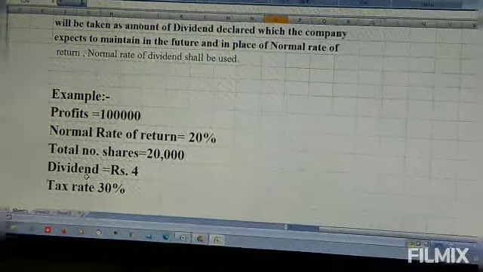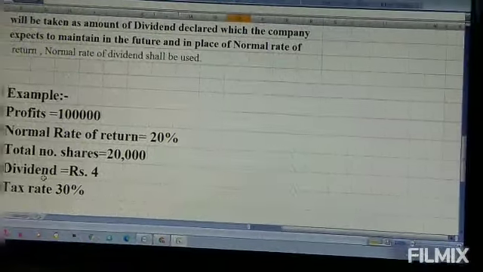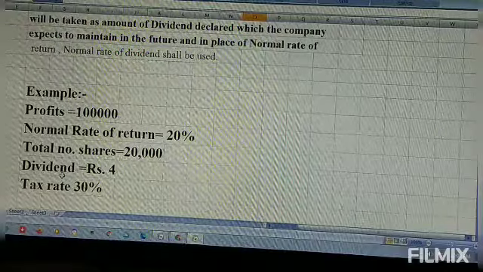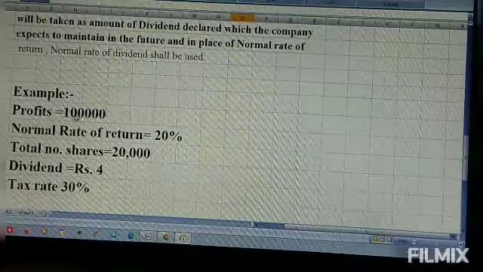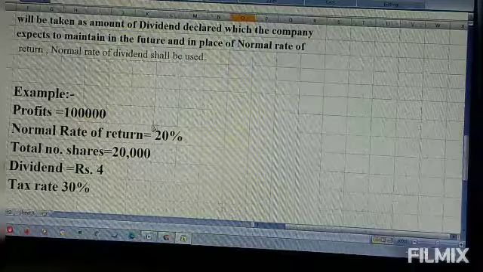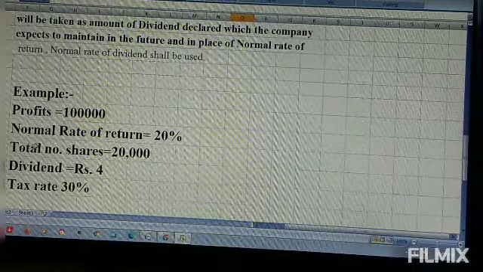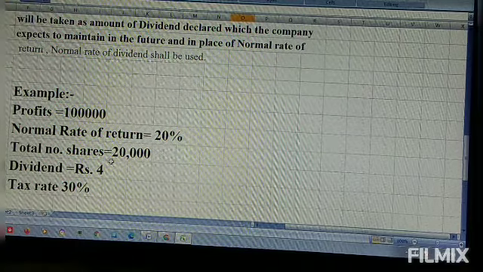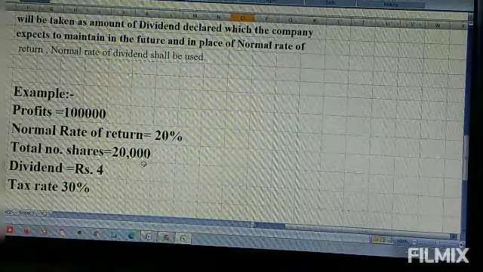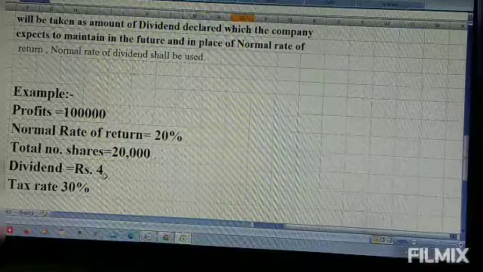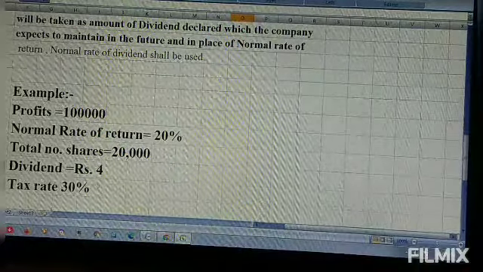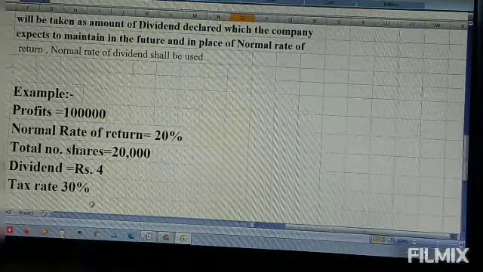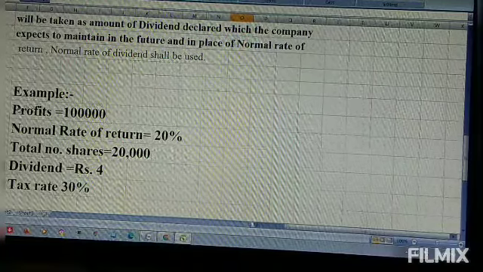Okay. Now I'll show one small example. Remember, profits are 1 lakh. Profits 1 lakh, take it down if you can. Then the normal rate of return is 20%. Then the total number of shares is 20,000. Then dividend is rupees 4 per share, and the tax rate is 30%. So this is all the information given.